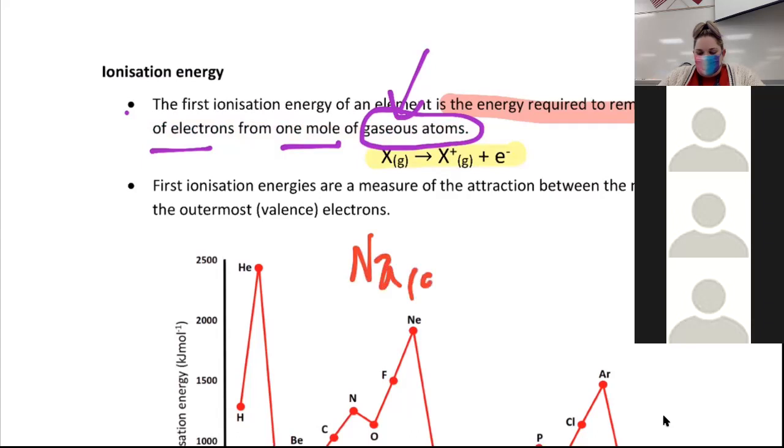And then it would form a sodium ion, which is going to be Na+1, still in the gas form. And then I have an electron. So e-, that's the symbol for electron. So the first ionization energy, it's going to lose 1 electron. Okay, so sodium, because it's an alkali metal, its first ionization energy, that's pretty much the only one it has because it only has 1 valence electron.